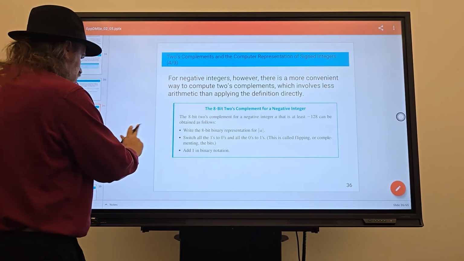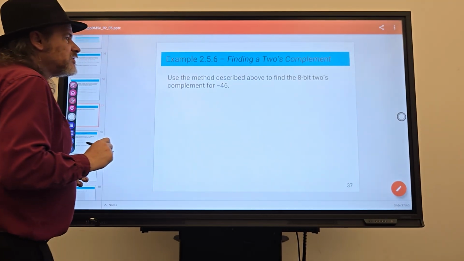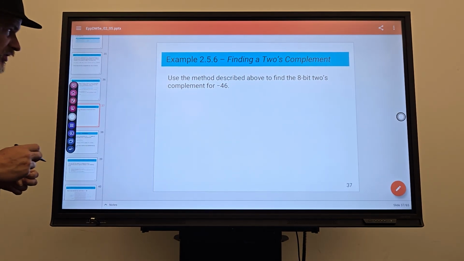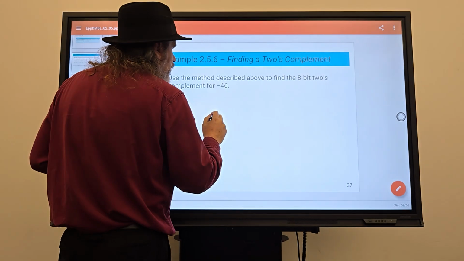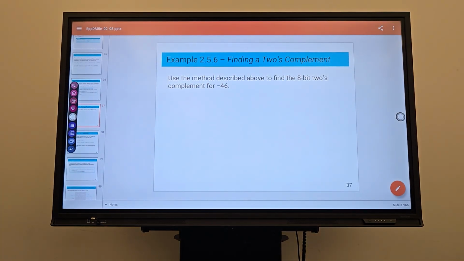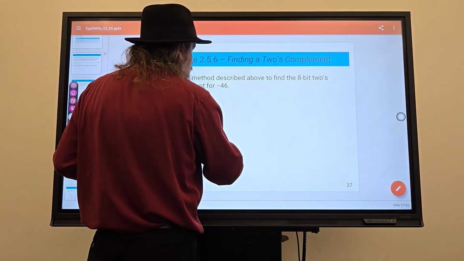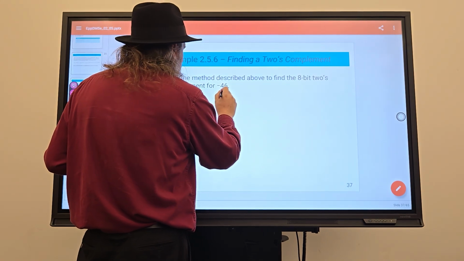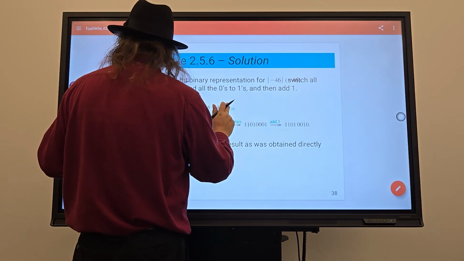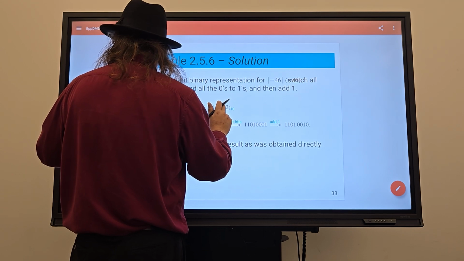So, find the 8-bit 2's complement for negative 46. Well, first, you find the binary representation of the absolute value of negative 46, which is 46.